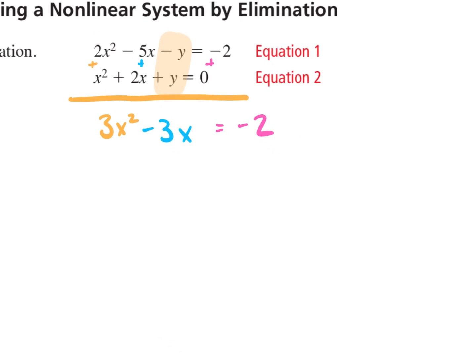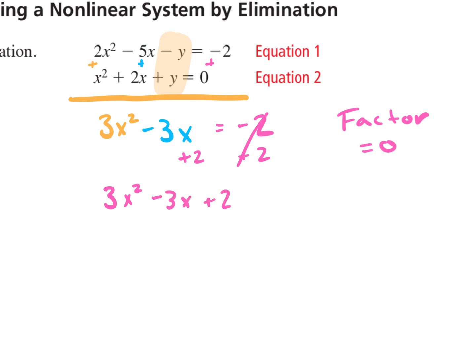So here, because I have an x squared and an x, I'm going to have to factor to solve. So I need it to be equal to 0. So I'm going to add 2 to the other side to get it to cancel. So I'll have it equal to 0. So 3x squared minus 3x plus 2 is equal to 0. Now we can factor.